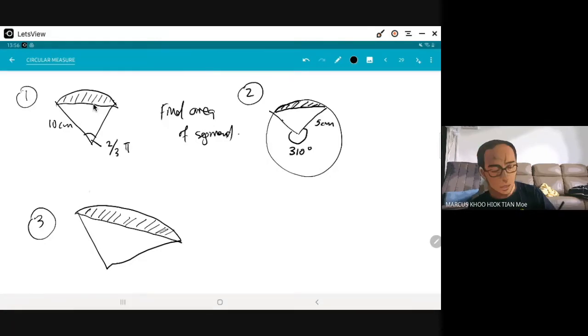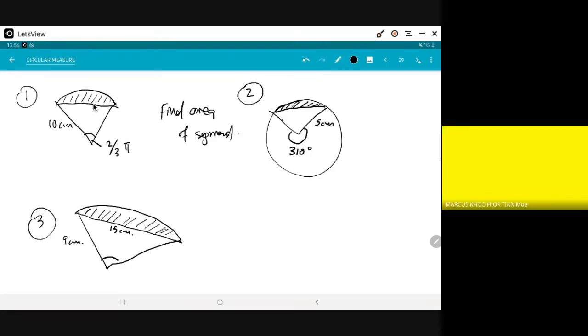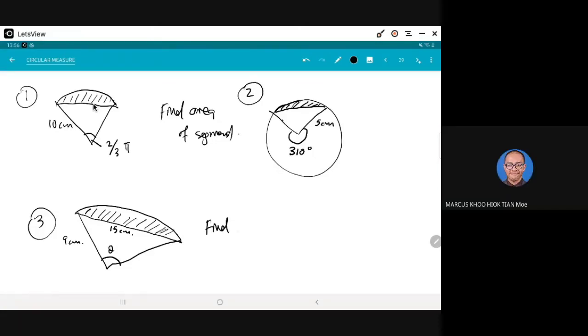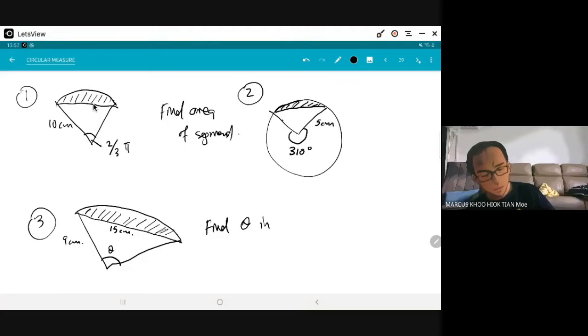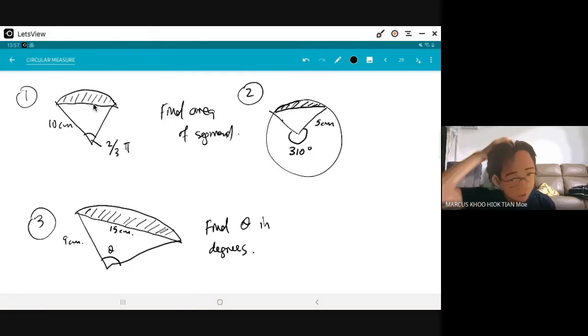So here, the chord is 15 cm, the radius is 9 cm, and then this is the angle. Okay, find theta in degrees, I'm being a bit extra. Same thing, 10 minutes, and then I will call you again.